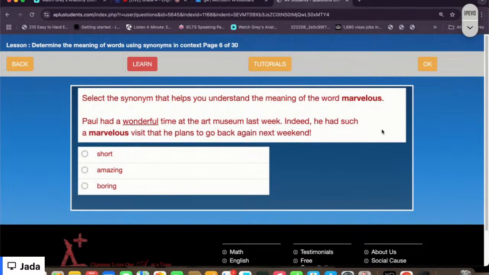What do you think? So marvelous could be amazing also.